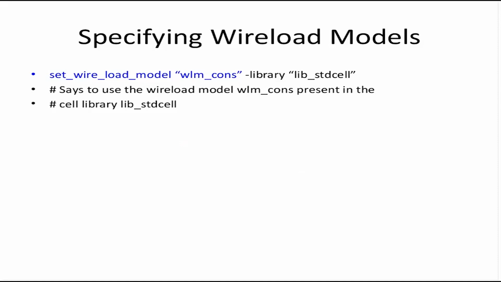In that sense, when we talk about the pre-layout stage, Design Compiler and PrimeTime behave exactly the same, in the sense that most of the commands are similar. The only difference is that PrimeTime is a much more advanced STA tool. When we want to work with real parasitics, we cannot work in Design Compiler.